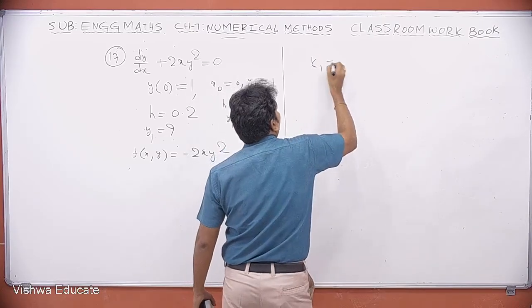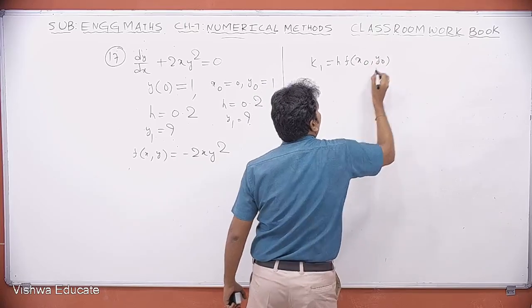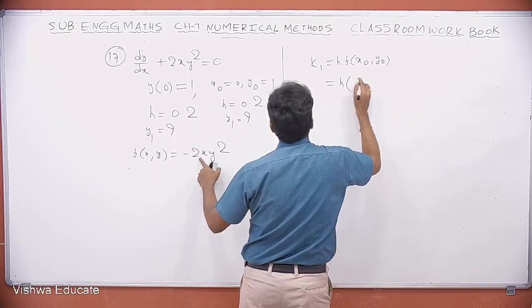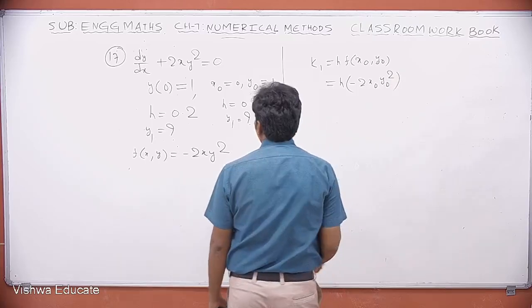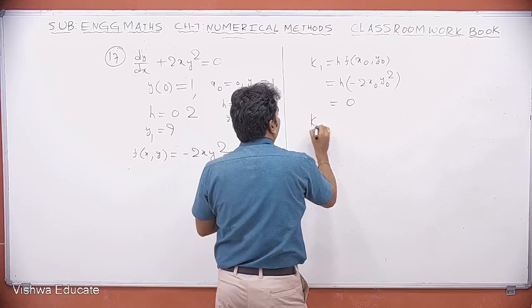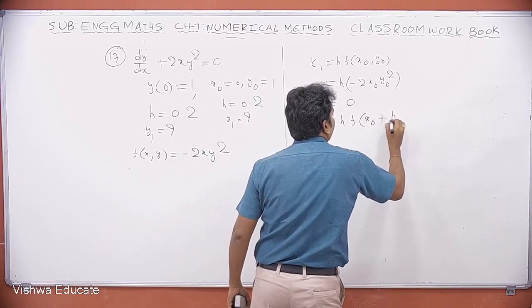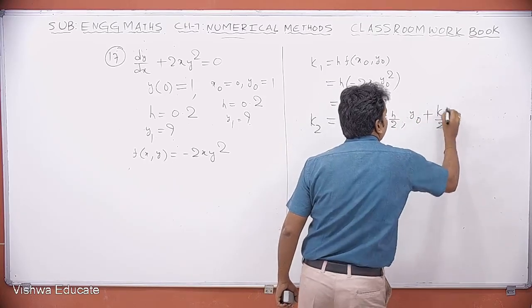Therefore, for K1, the formula is h into f of x naught y naught. So h into f of x naught y naught is minus 2x naught y naught square. But x naught is 0, so this becomes 0. K2 value becomes h into f of x naught plus h by 2 comma y naught plus k1 by 2.